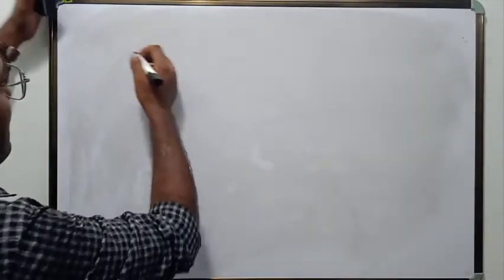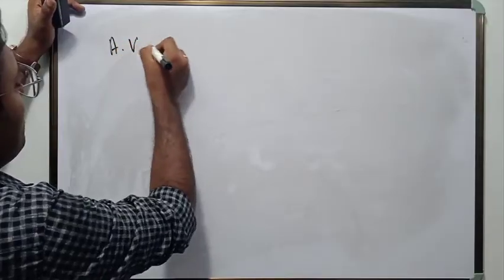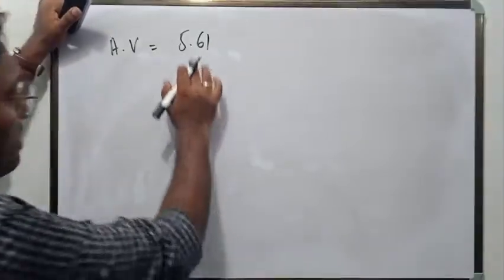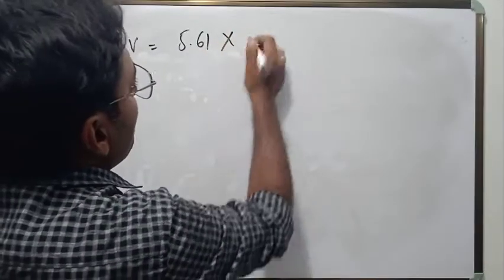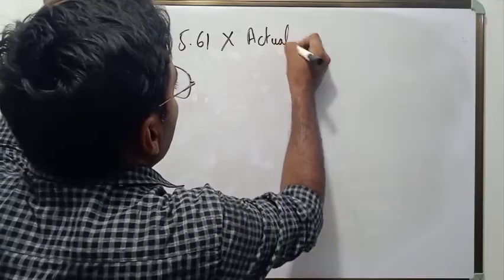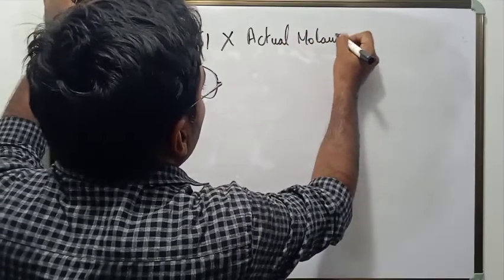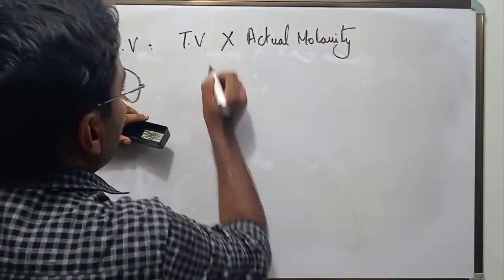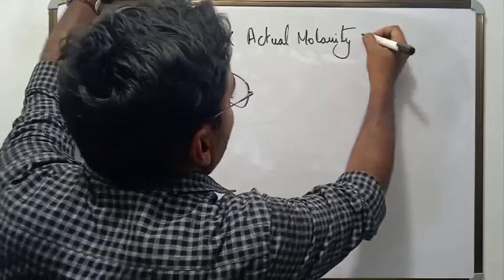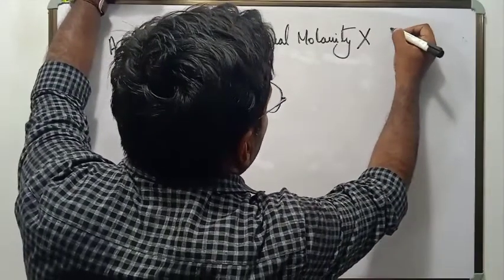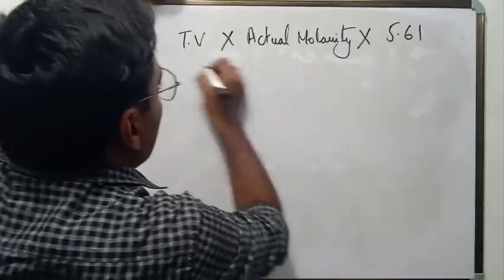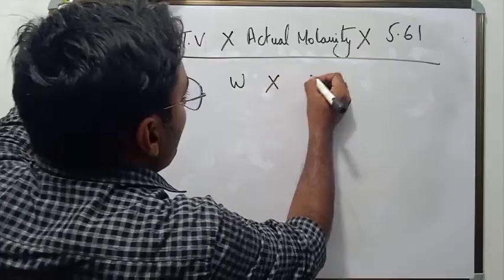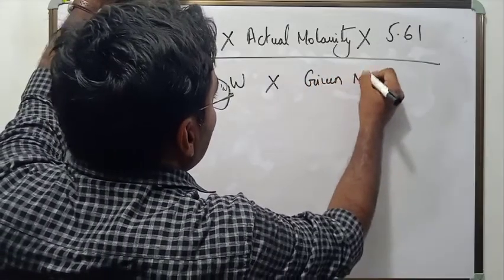In that case, acid value is equal to 5.61 equivalency into actual molarity into titer value. Let me write titer value here. Titer value into actual molarity into equivalency. What is the equivalency? 5.61 divided by total weight of the sample into given molarity. Given molarity is 0.1.